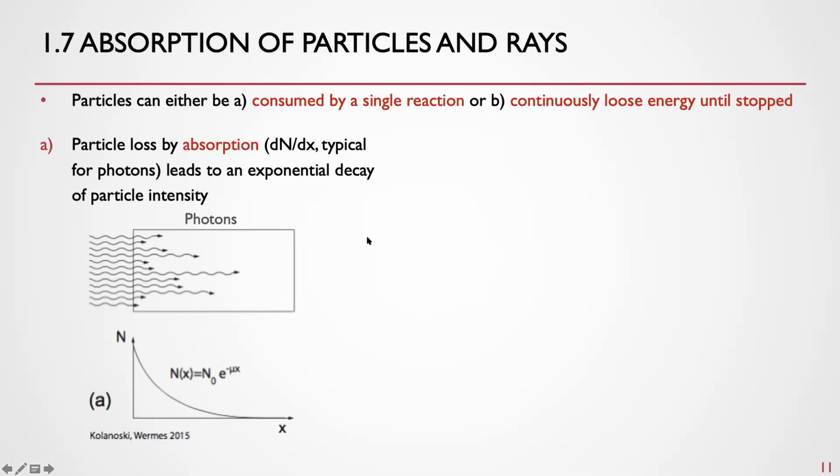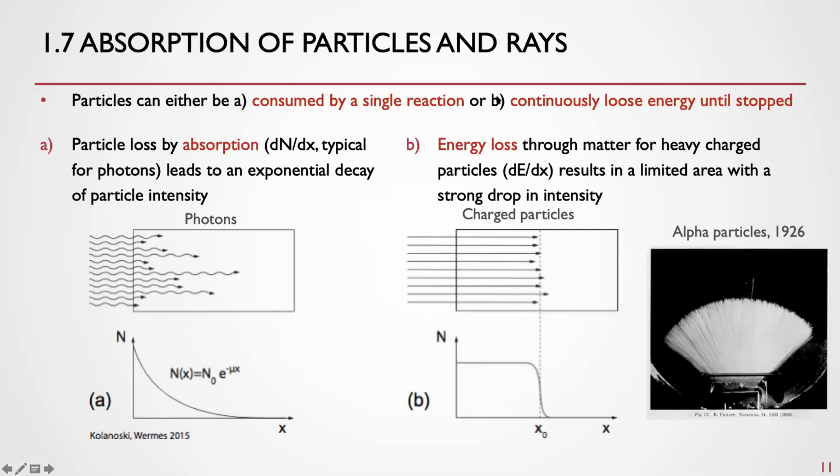The second case is that the particle doesn't get absorbed at once, but rather continuously loses energy until it is stopped. This case leads to a different prediction for the deposited energy. The energy loss through matter of heavy charged particles, we call this dE over dx, so energy loss per unit traveling distance or penetration depth, results in a limited area with a strong drop in the intensity.